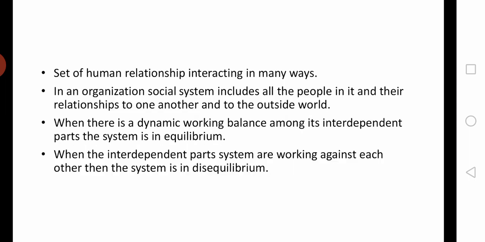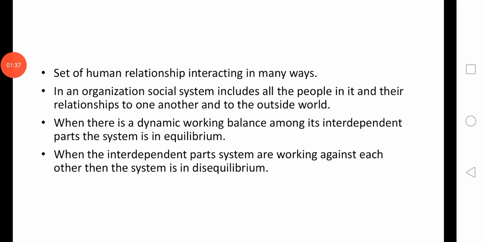A set of human relationships interacting in many ways can be a system. They may differ with their job, each category will be differentiated in the same organization depending upon the work. So in an organization, a social system includes all the people in it and their relationships to one another and to the outside world.